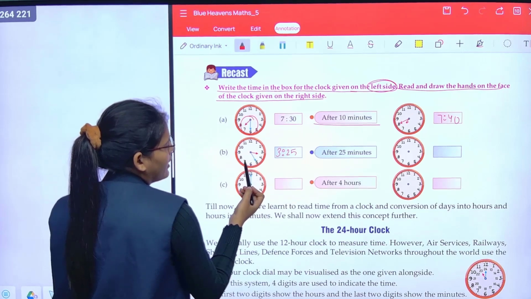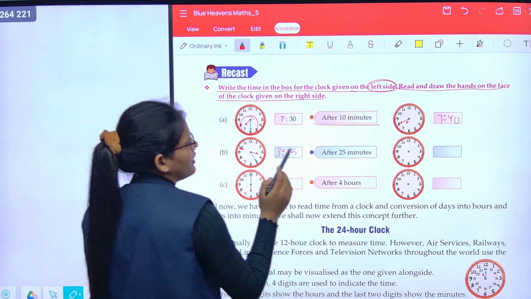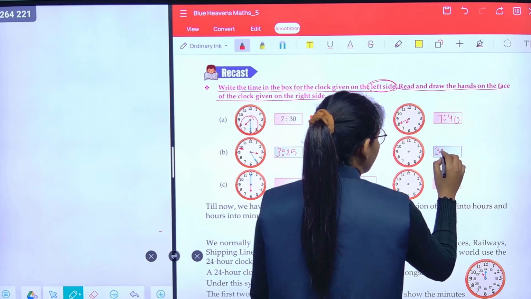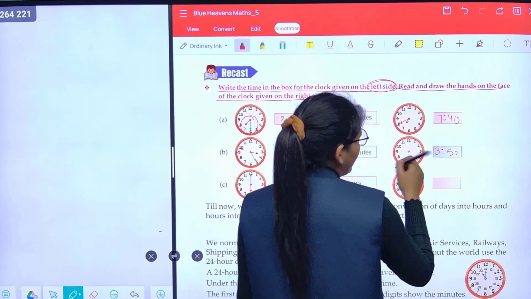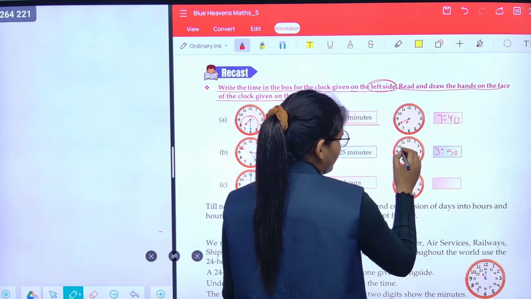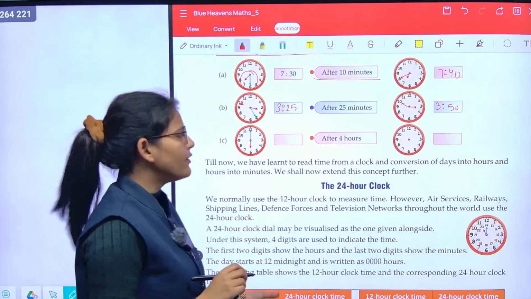Now 5, 10, 15, 20, 25. So it is 3:50. And we make the needle like this. 3:50. Understand? Rest of the part do yourself, class.